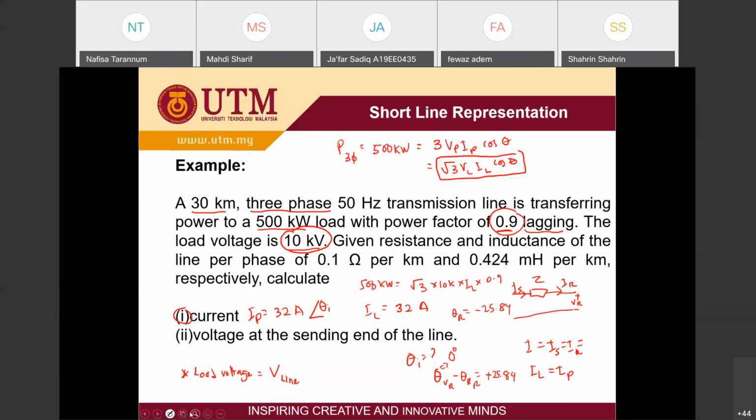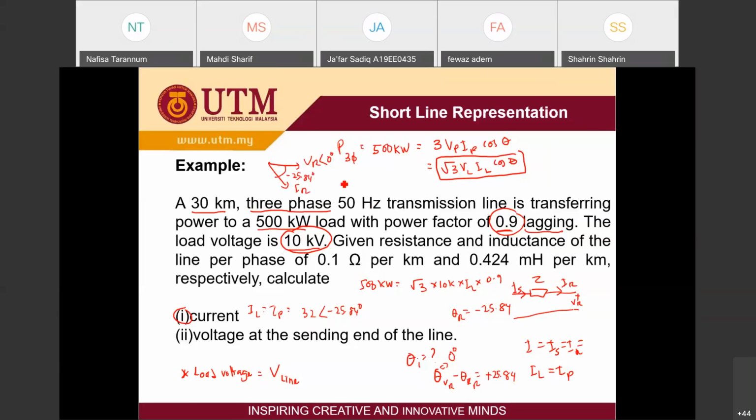So your current, I line, which is your I phase, is 32 with an angle of negative 25.84. If you draw the phasor, this is your VR with an angle of 0. This is your IR, which is negative 25.84.